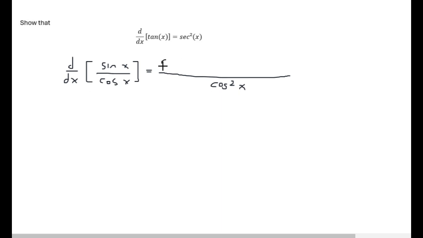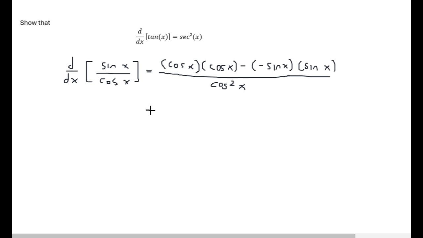I'm going to put the bottom function here without the derivative, and then the derivative of sine of x, which is cosine of x, minus sine, and then the derivative of cosine, which is negative sine x, and we just leave the top function as it is. So we just use the quotient rule.